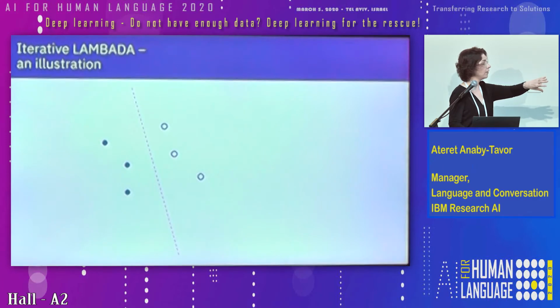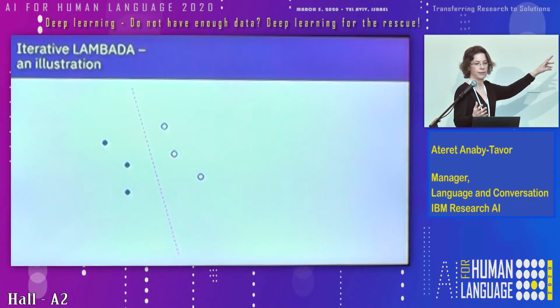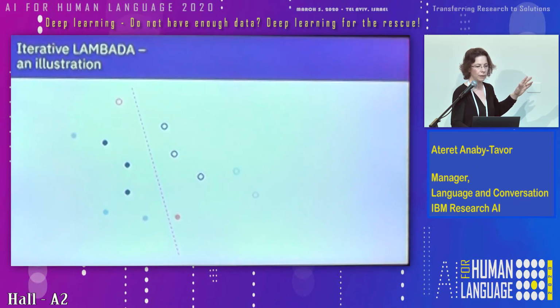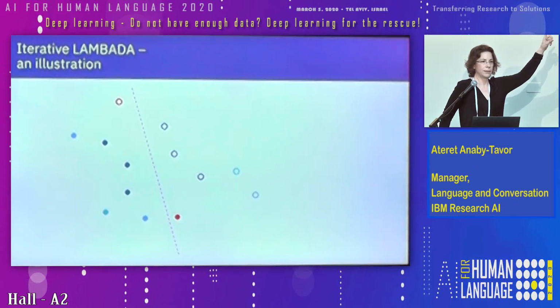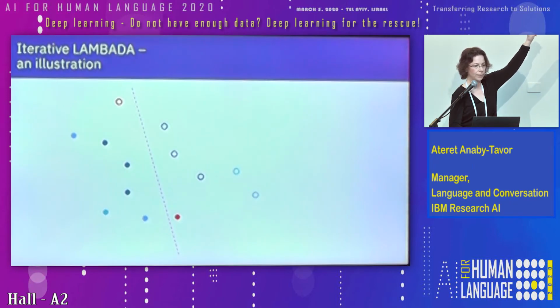Suppose we have a classifier, and it is, as we said, very scarcely populated. 3 examples per class, and accuracy is not so good, and we generate. We generate, and remember, we consult the classifier for the agreement. And the 2 red samples that you see here, one of them, that one on the top, the classifier thought it belongs to the right-hand side class. GPT thought it should belong to the left-hand side class. Same goes with the sample over here.